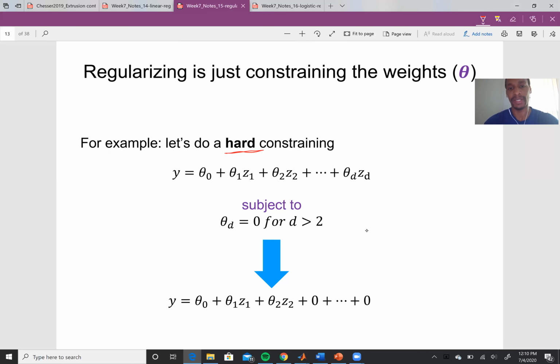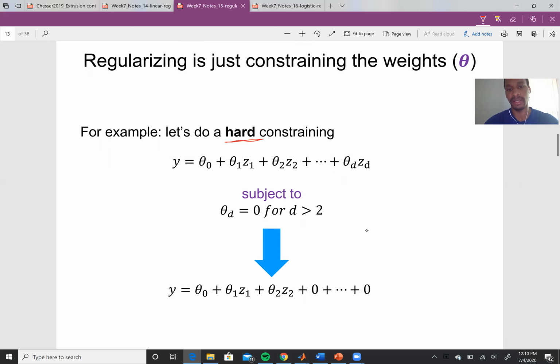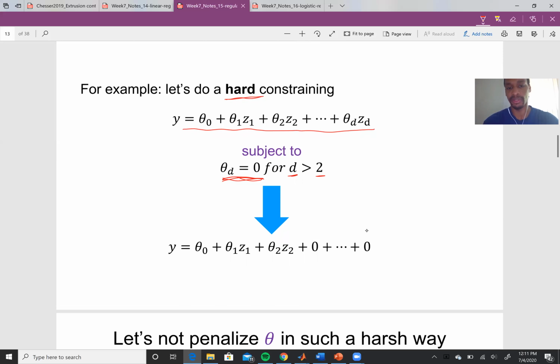If we say that we have this linear model that's subject to the coefficient having to be equal to 0 for d greater than 2, then we'll only take the first 3 parameters here.